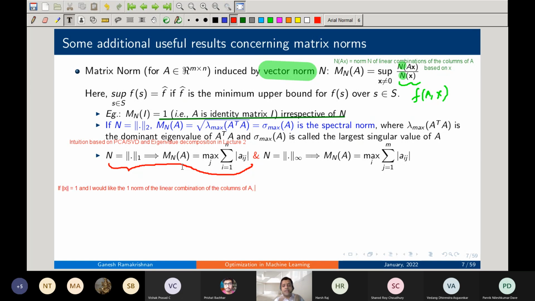Well, I would take that x which peaks at the most important or max entry, which has 1 only at the most important entry and 0 at other places, because the one norm is a sum of absolute values.